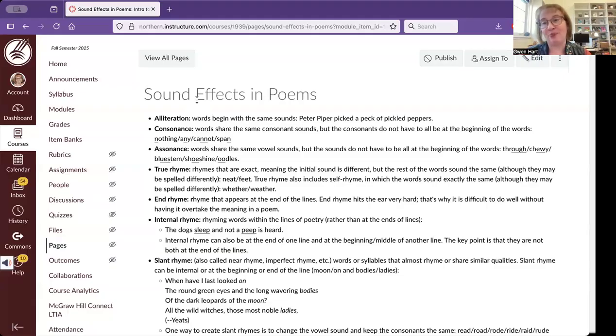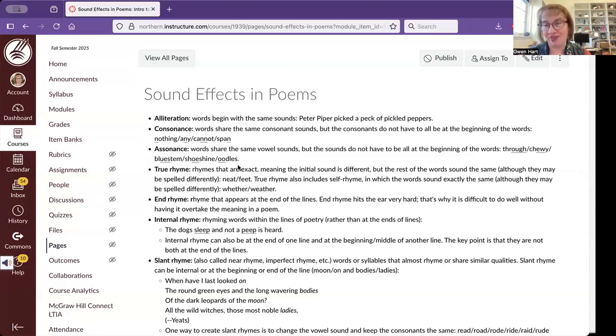And notice in these examples that I've given here, English spelling notoriously doesn't match up with sound. So it's not about how they look on the page, it's about how they sound to your ears. So you actually have to say it out loud. So through, chewy, blue stem, shoe shine, and oodles all have the ooh sound, but they're all spelled differently.